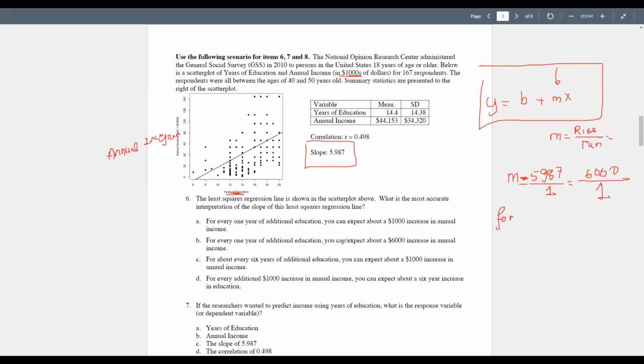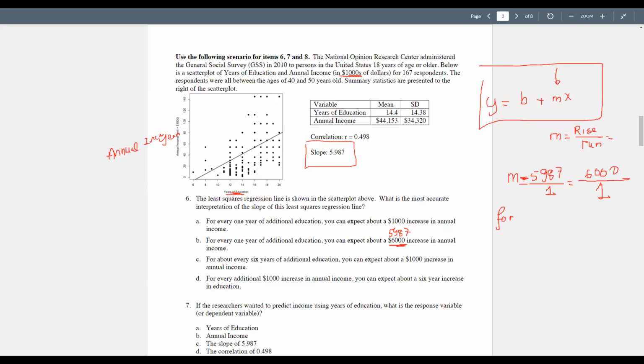But let's understand it now. It means that for every 1 year of additional education that you have, you can expect about $6,000 increase in annual income. Or you can say 5,987 increase of annual income.